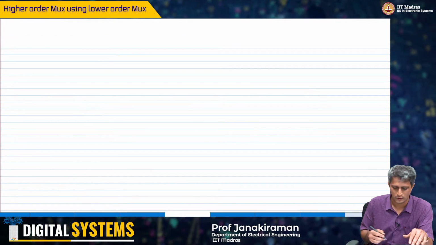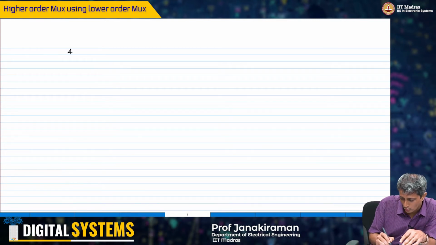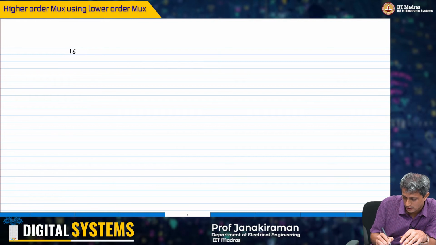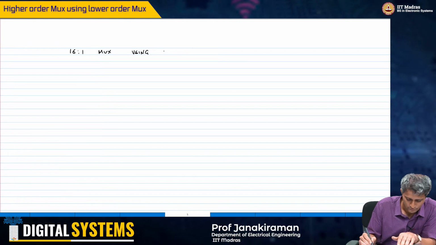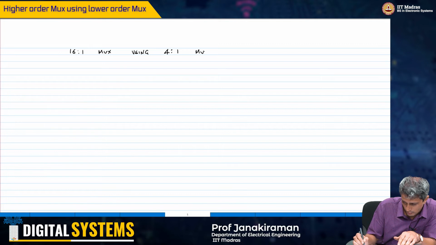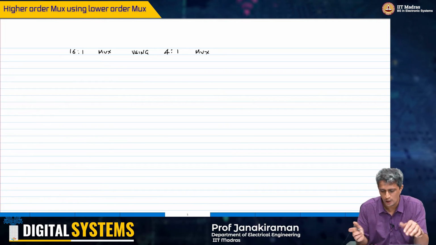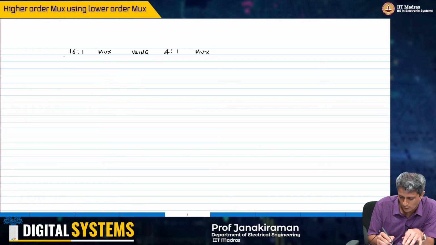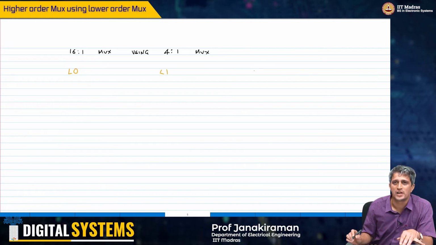Now we can also look at an alternate implementation. Same, I want to do a 16:1 MUX, using a 4:1 MUX now, as opposed to a 2:1 MUX. So first of all, in level 0, L0, we are going to see how many levels we need.